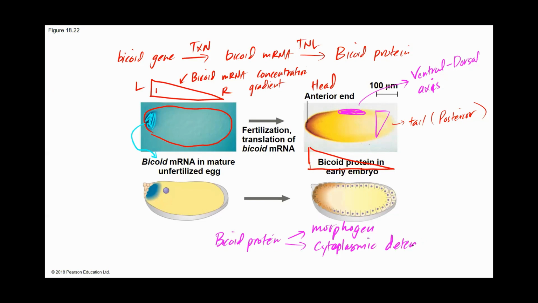So don't be confused. We're talking about the same molecule. Also, it is encoded by maternal effect gene or egg polarity gene. Okay, so all of these are characteristics of the same molecule, the bicoid molecule.